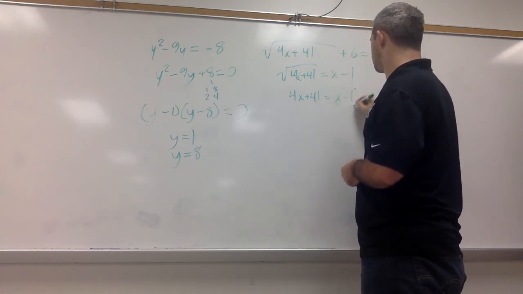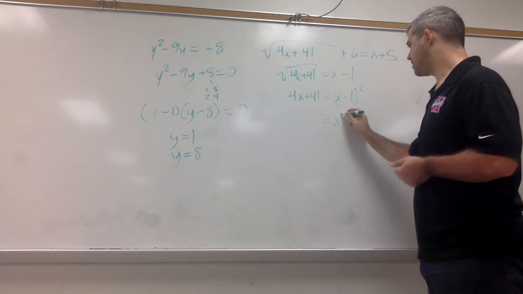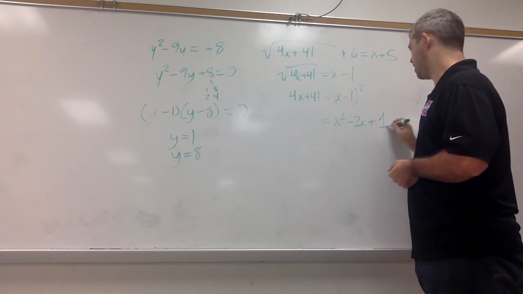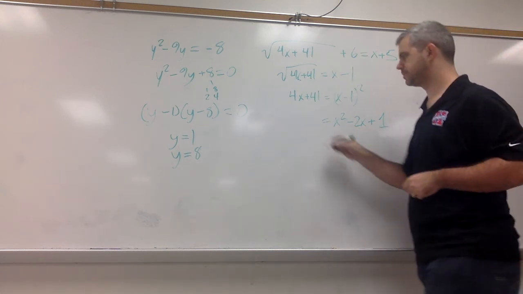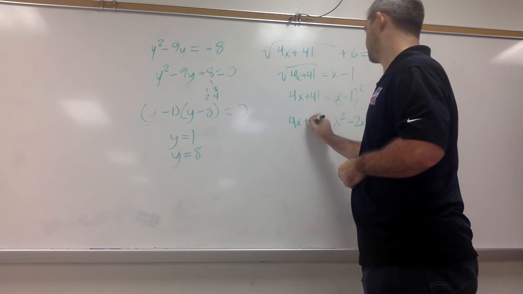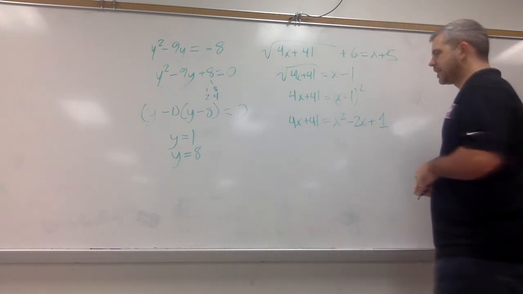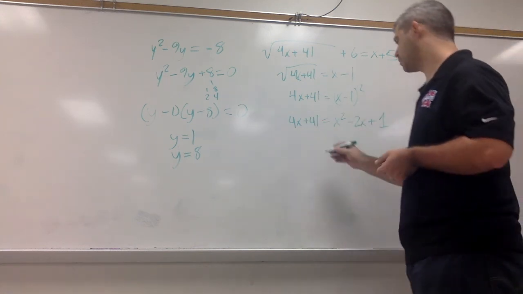X minus 1 squared. And we know a quick little trick for this. Basically, I'm just foiling this out. But we learned that shortcut, so I'm going to go ahead and use it here. All right. Now I have a quadratic again. So now I'm going to move everything over.